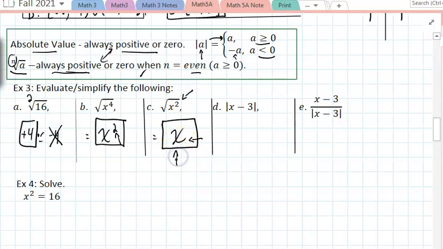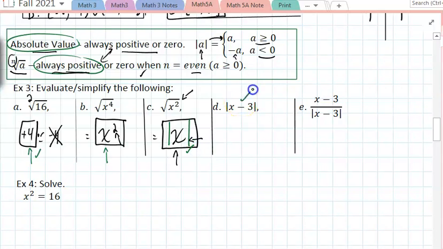Since there is a chance for this to be a negative, to ensure that it is always positive, we use an absolute value. That wasn't needed here because this is always positive. And that wasn't needed here because this is a constant; this is a variable, this varies.